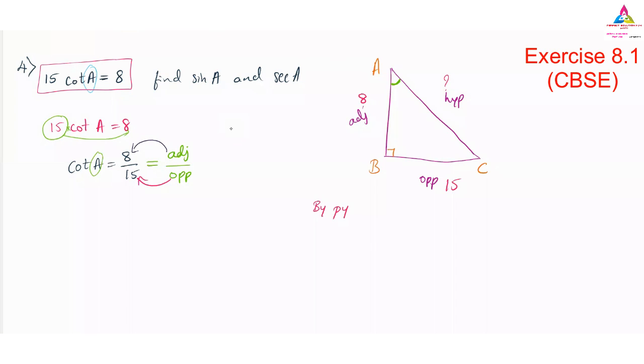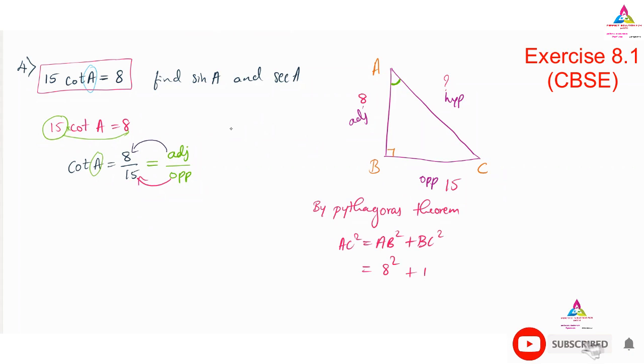By Pythagoras theorem, AC square is equals to AB square plus BC square. AB value already we know, that is the adjacent side, 8 square. And BC value is 15, that is the opposite side. 8 square is 64, 15 square is 225.